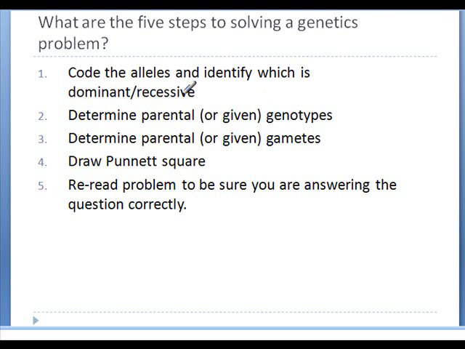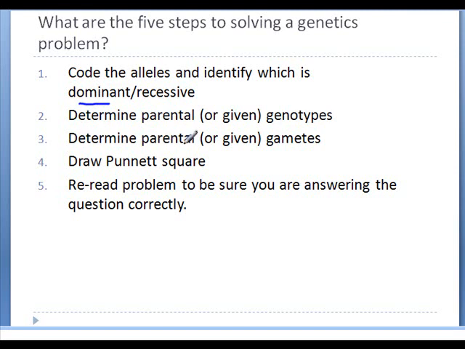The one that is expressed is always the dominant allele. So first you must identify which is the dominant and which is the recessive. Always determine the parental genotypes of both of them, or the given genotypes. That is, are they both homozygous or heterozygous?